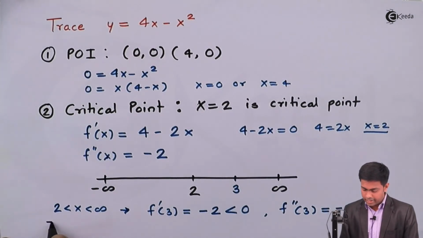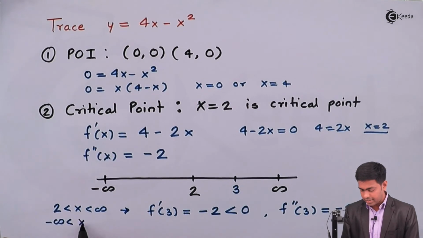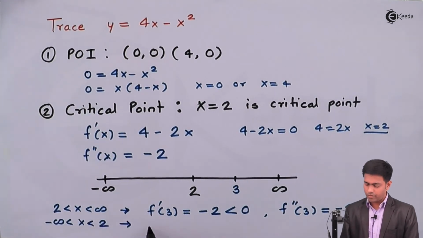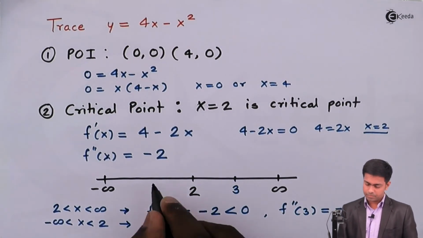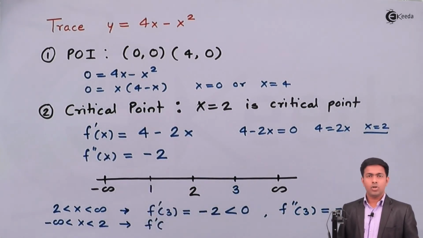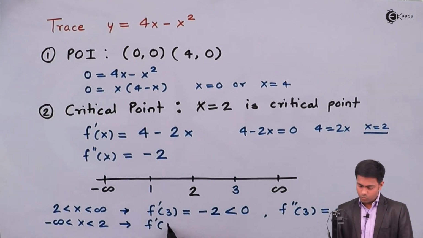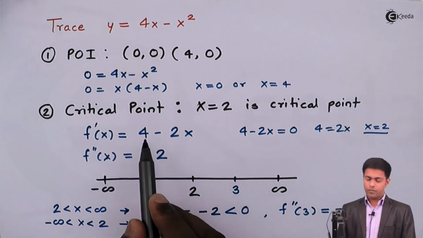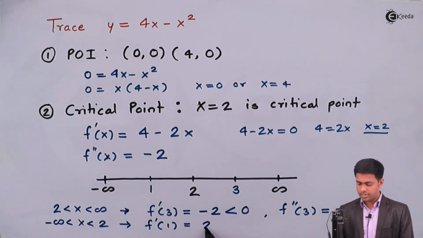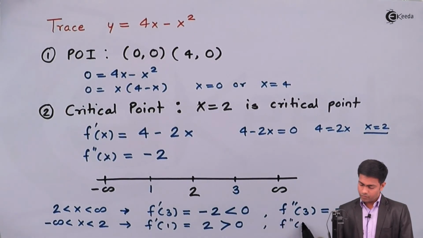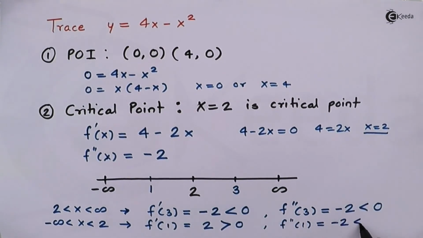So between negative infinity and 2, we'll find out the value of f dash at, let's say, the point 1. So for 1, we will get 4 minus 2 into 1, that is 2, which is greater than 0, and f double dash of 1 will be minus 2, which is less than 0.